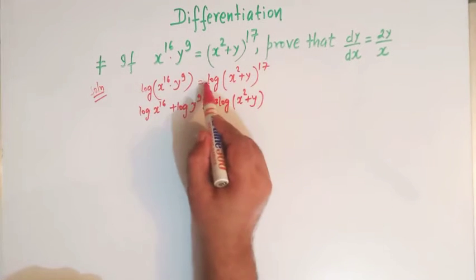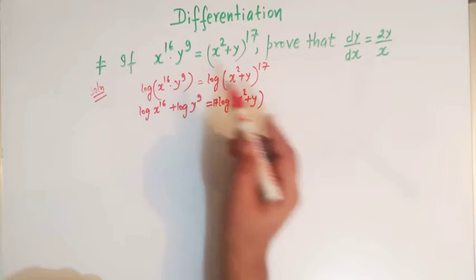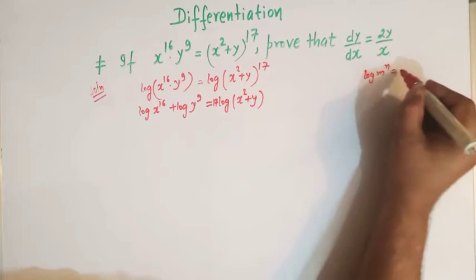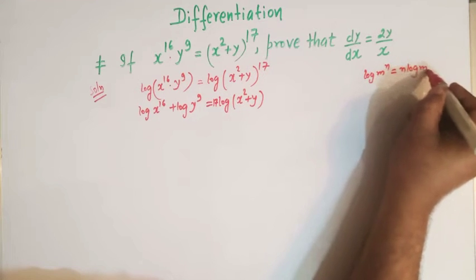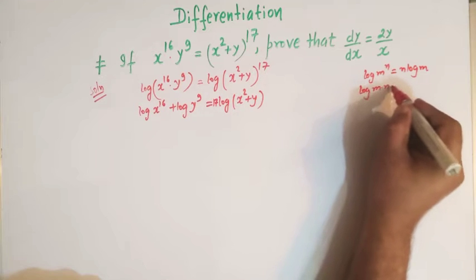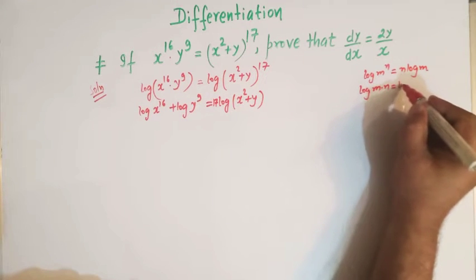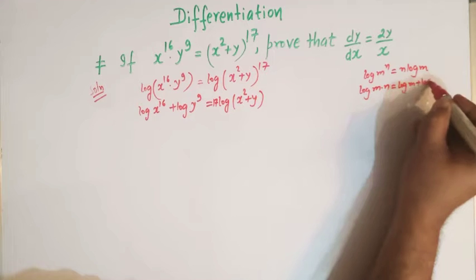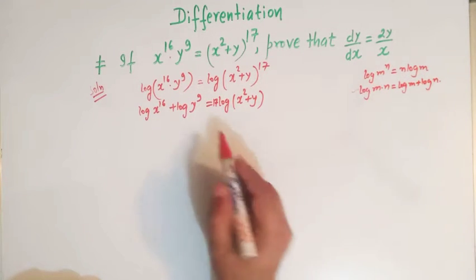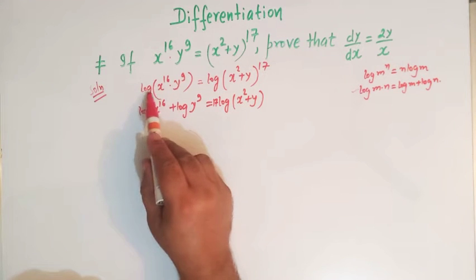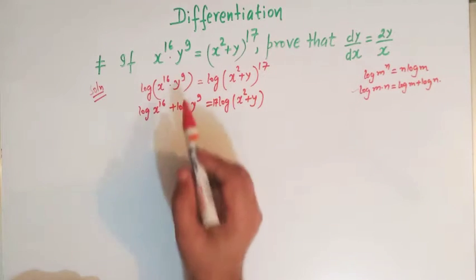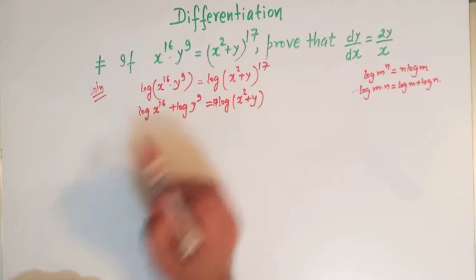Taking this 17 in front of log, because log of m raised to n is n log m, and log of m times n is log m plus log n. So here we have applied this rule, and this is log x raised to 16 plus, because here is a multiplication sign, log y raised to 9.